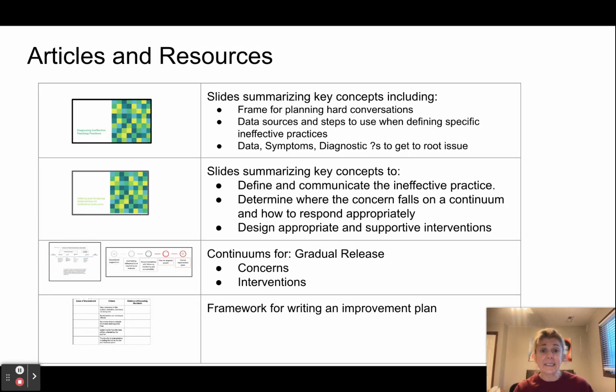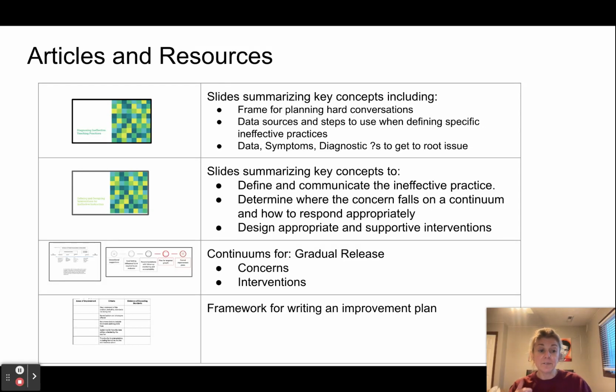And then it's going to get into this 3-step process that you use to really get to the root issue. Because the first step in this improvement of ineffective practices is really diagnosing accurately that root issue or that first area of concern that's going to be addressed.